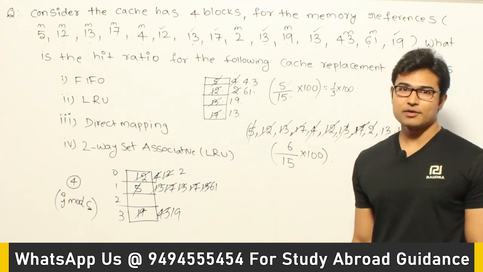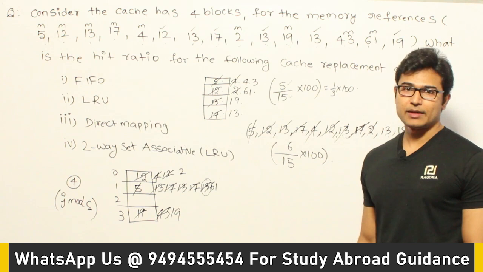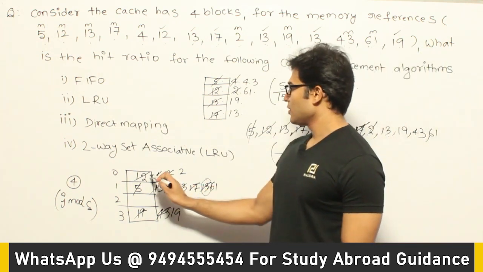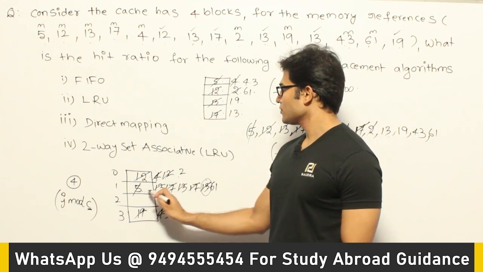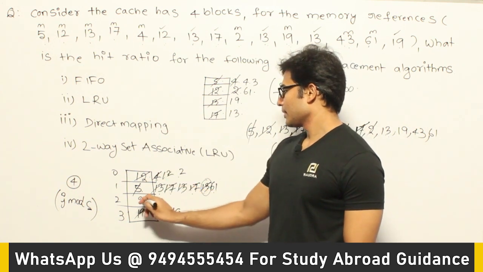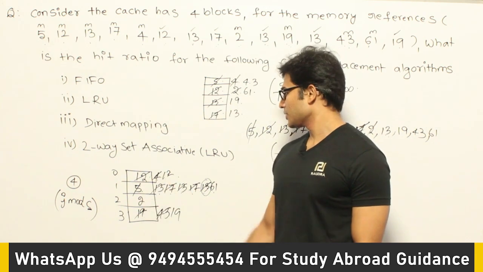So in this example I remembered. So if you remember it, only for 13 it was a hit, right? For all of them it is a miss. Otherwise we can count them. How many misses are there? 1 2 3 4 5 6 7 8 9. Okay, you should have kept 2 here. Anyway, the answer is not going to change, right? But 2 has to be here and 12 has to be here.